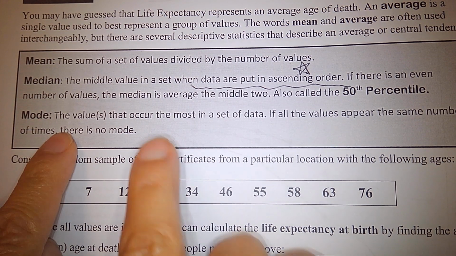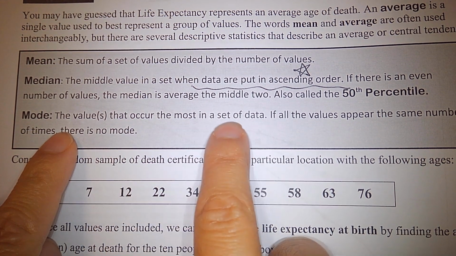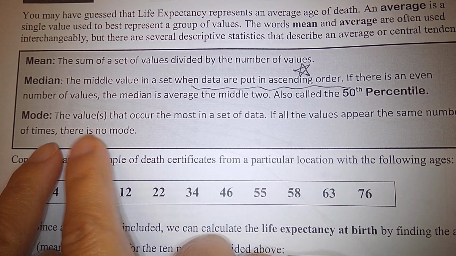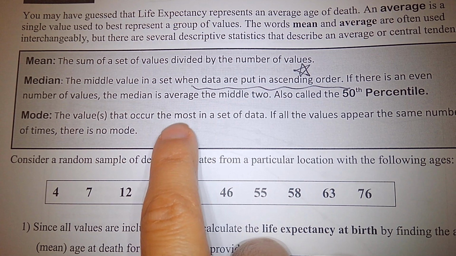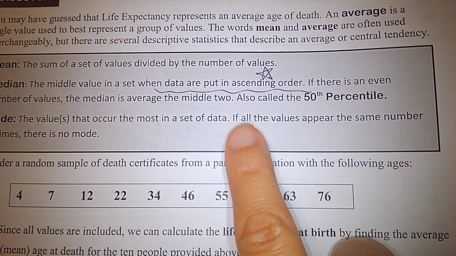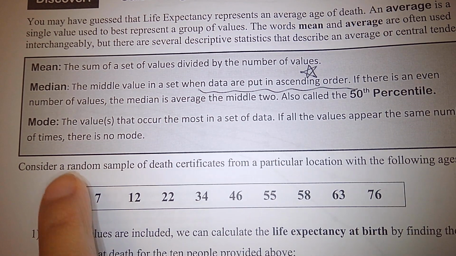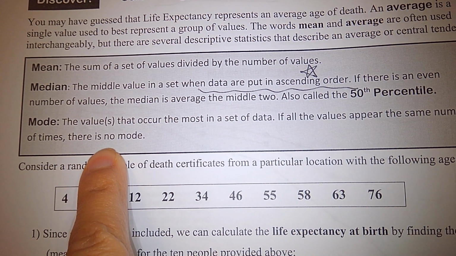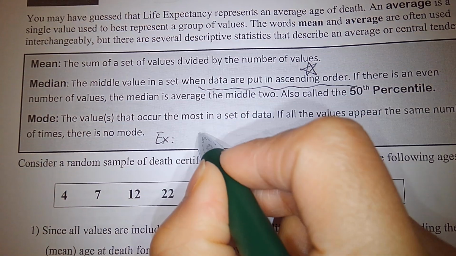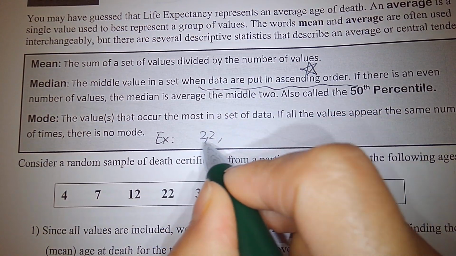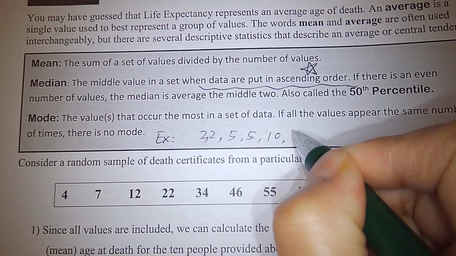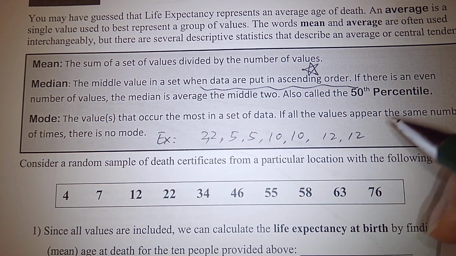Mode. The value that occurs most often in a set of data is called the mode. If all of the values appear the same number of times, we say no mode. For example, this is the list of data: 2, 2, 5, 5, 10, 10, 12 and 12.